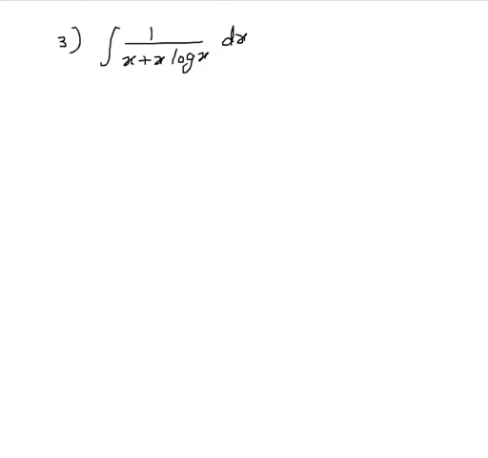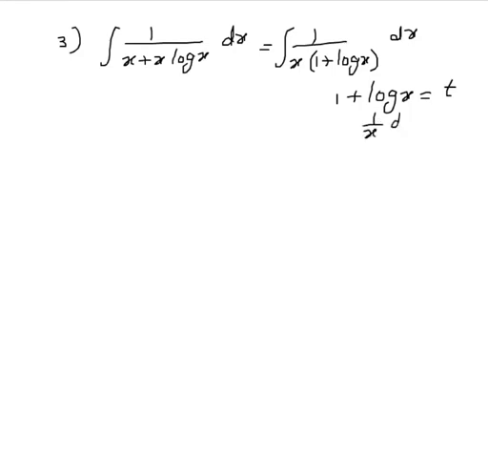So let us rearrange this: I can take x as a common factor. We get x times 1 plus log x, dx. Now I can substitute log x as t or 1 plus log x as t. The differential of 1 is 0, and the differential of log x is 1 by x dx, which is equal to dt.